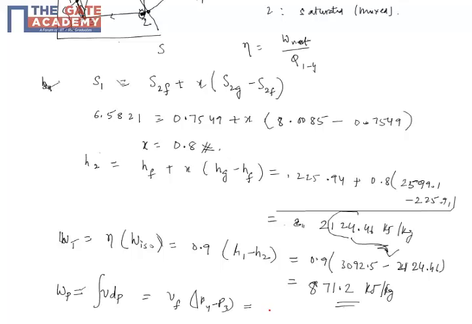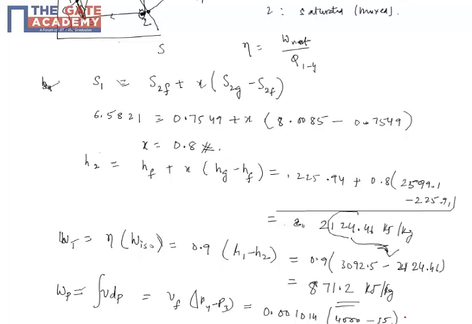The specific volume is given as 0.001014, the liquid part, times the pressure, 4 MPa, which is 4000 kPa, minus 15.